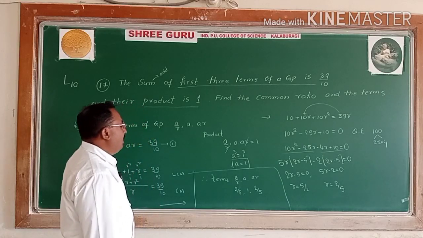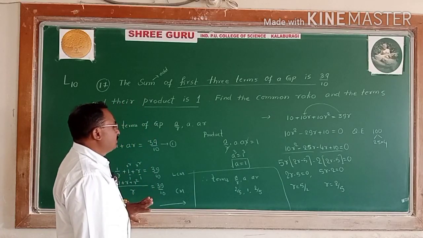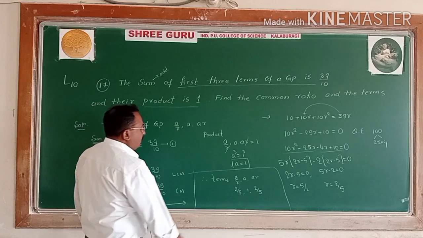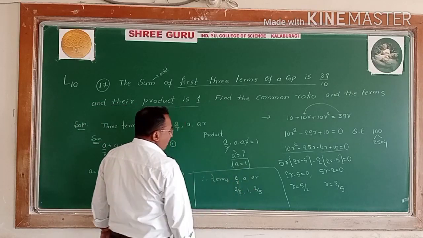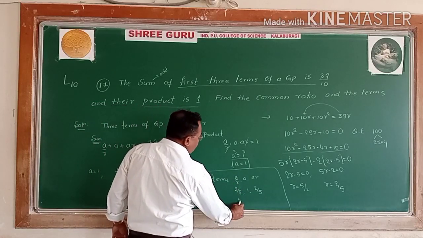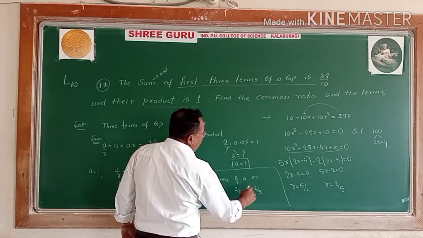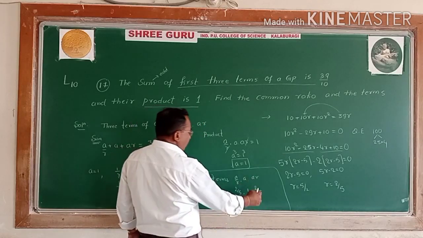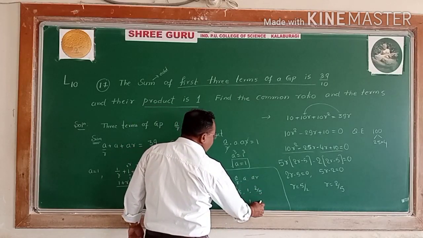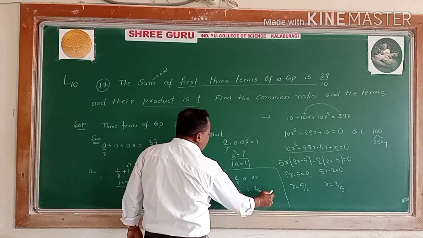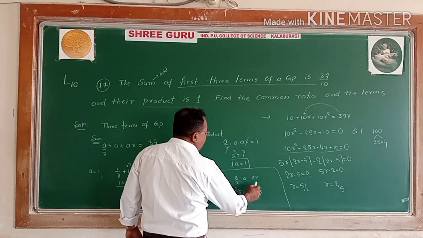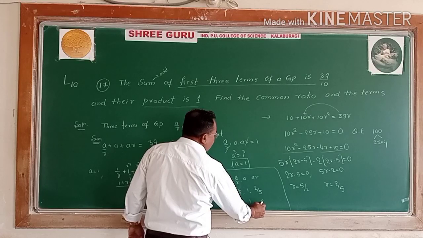A by R, 5 by 2 becomes 2 by 5. Another one, A into R, 2 by 5, and 1 into 2 by 5 is 2 by 5.